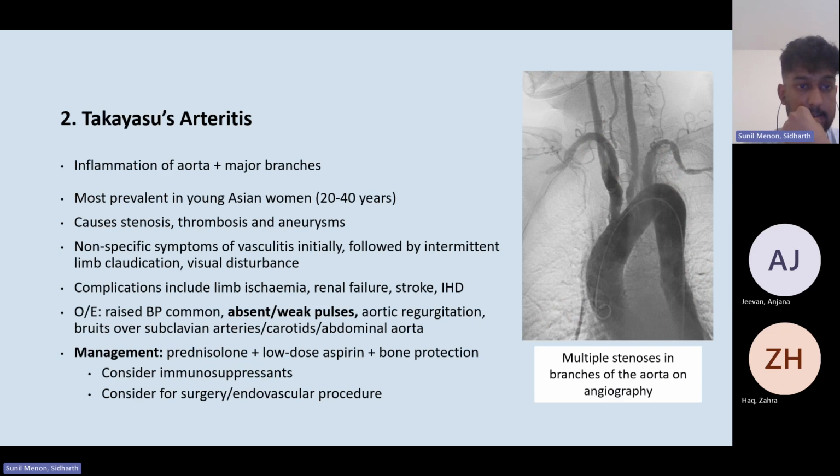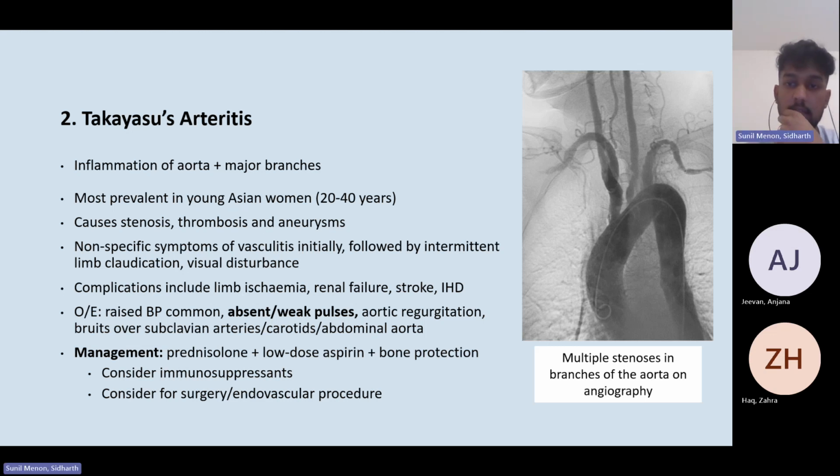I've mentioned that. Next, we move on to Takayasu, which is another large vessel vasculitis. You get inflammation and occlusion of the aorta, and absent limb pulses. It's more common in younger females, aged 10 to 40 or 20 to 40, depending where you look. Stenosis, thrombosis, aneurysms. You get systemic features of vasculitis as well, of course, followed by intermittent limb claudication. You can see that by an absent limb pulse.